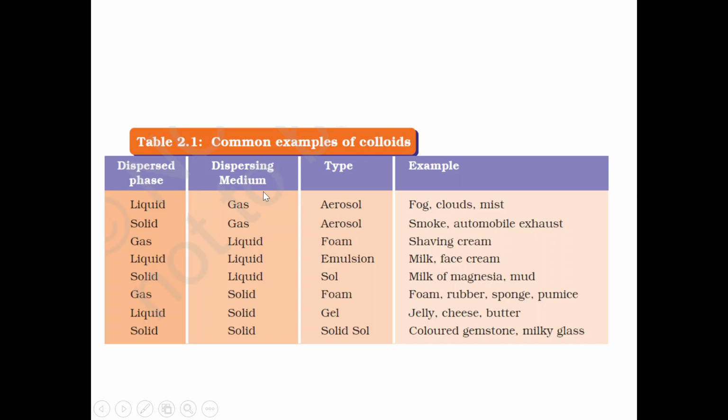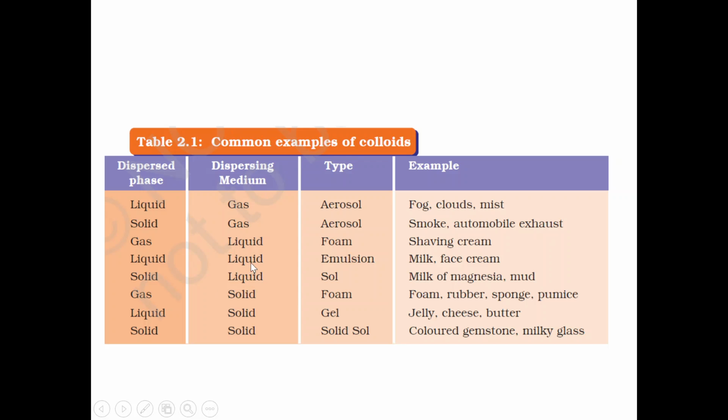Now, talking about the dispersed phase and dispersing medium and their states, there are various types of colloids, and there are examples of these types. You can read here. The dispersing medium is where the first component is getting dispersed.